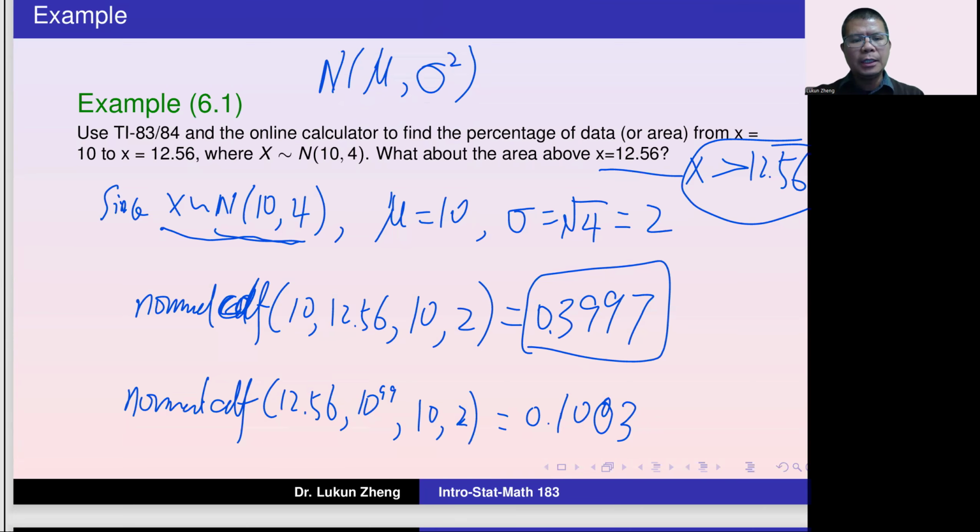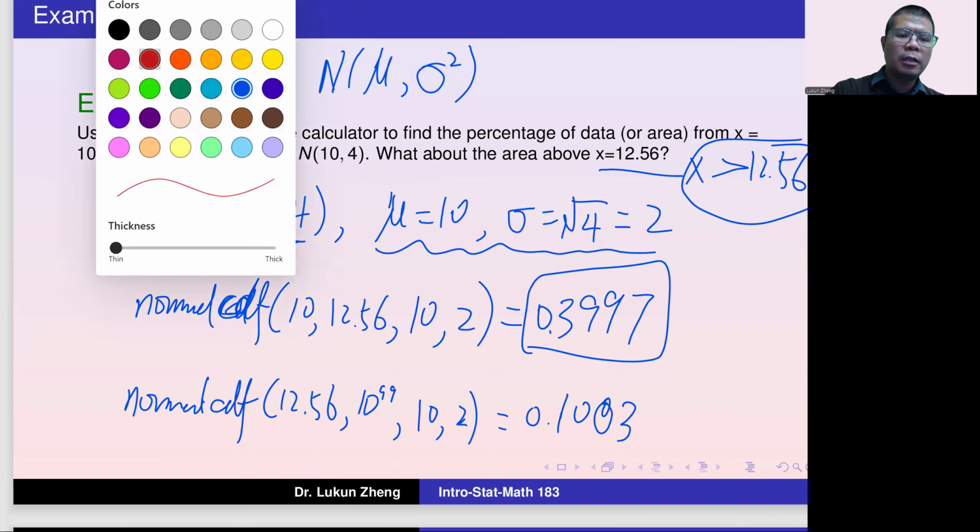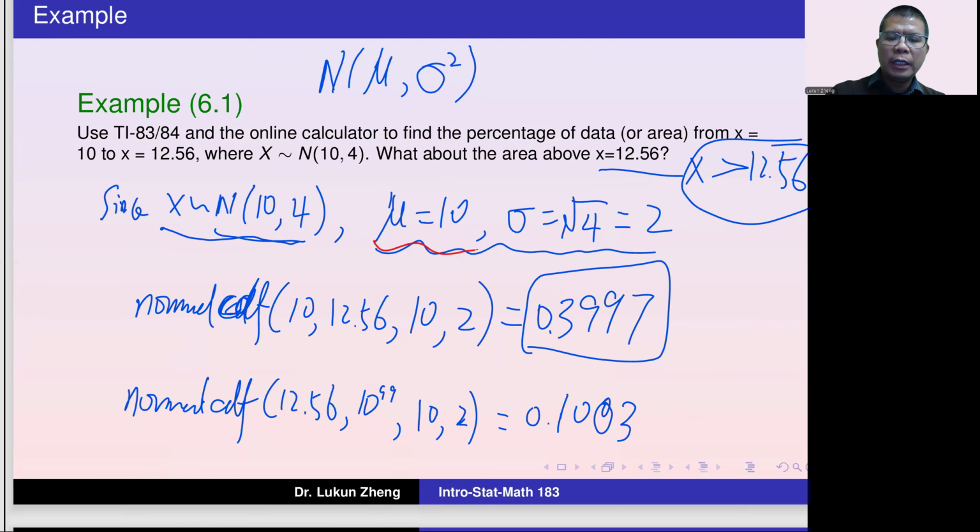For this one, what we usually first need to do is find out the values of mu and sigma. If it is given in this form, the first is mu and the second is sigma squared, so sigma is the square root of 4, which equals 2.